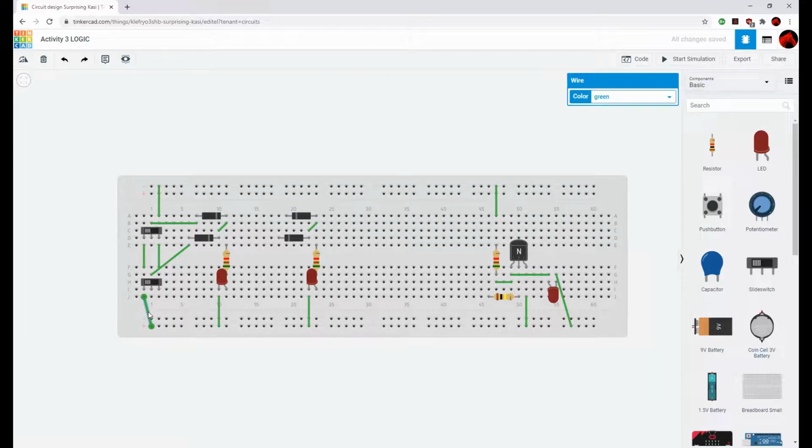So that's going to be negative. I can only do one at a time. All right. Black. Black.